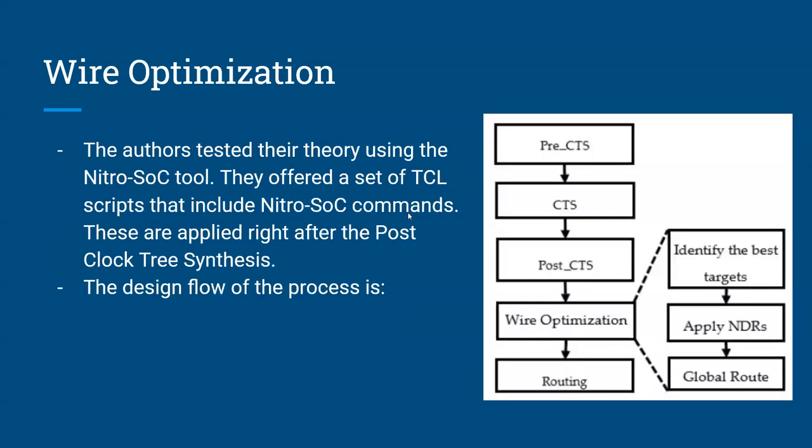And here we can see the author tested their theory using this Nitro SOC tool. They offer a set of TCL scripts that include the commands, and then they apply these commands right after the post clock tree synthesis. And this is the design flow of the process.